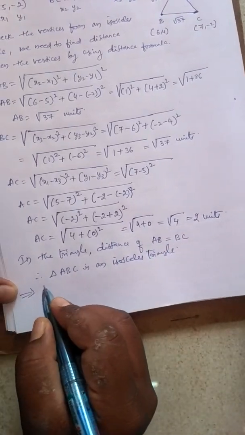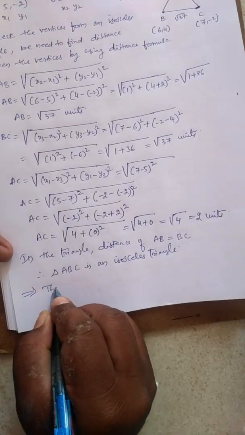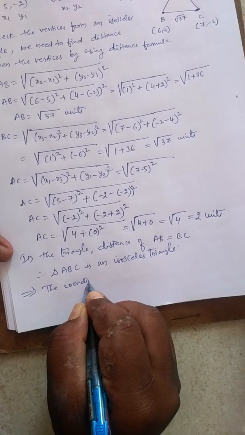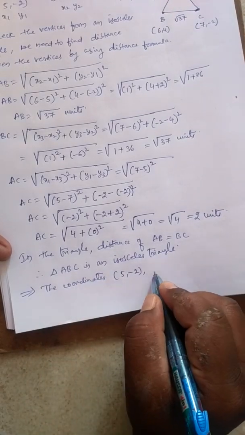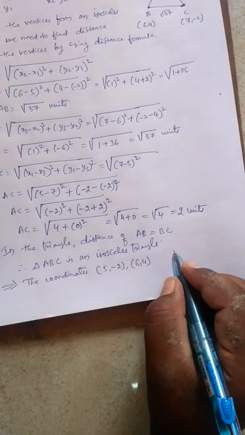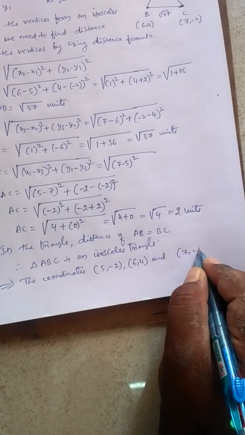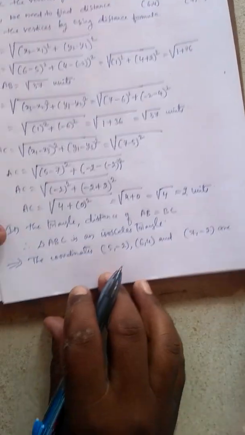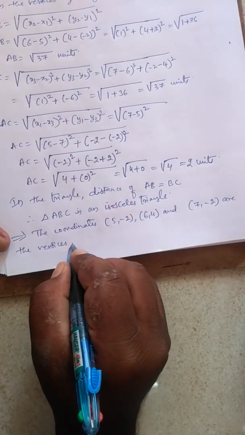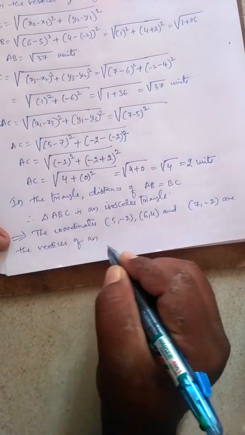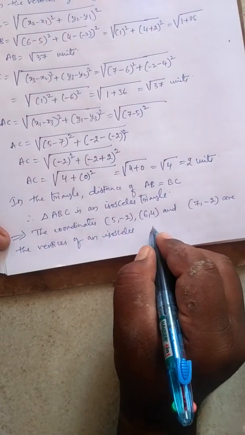So which implies the coordinates 5, minus 2, 6, 4, and 7, minus 2 are the vertices of an isosceles triangle.